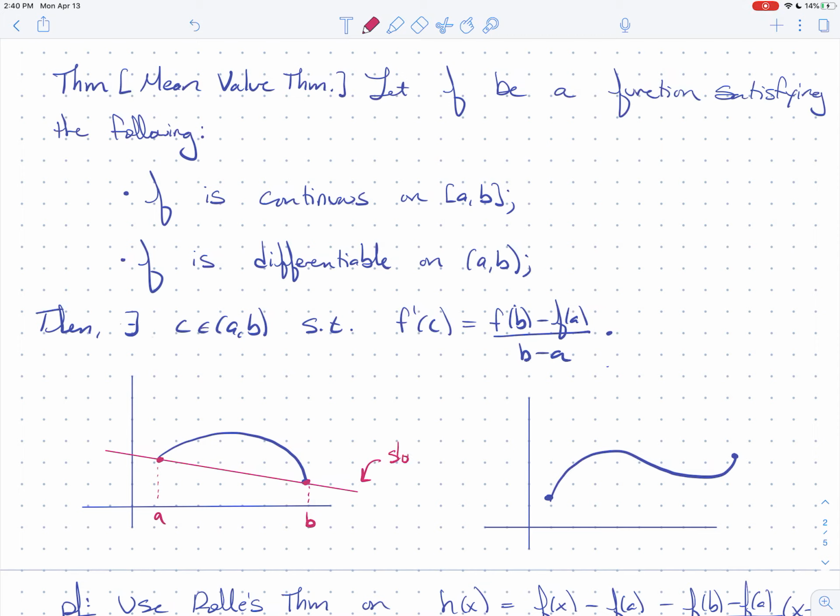This line has slope exactly f of b minus f of a over b minus a. Okay, so we've got this side figured out. What's this side saying? This is just the slope of the tangent line. So what the mean value theorem is saying is if you have the right setup, then there's a point where the derivative, the slope of the tangent line at that point, is equal to the slope of the secant line.